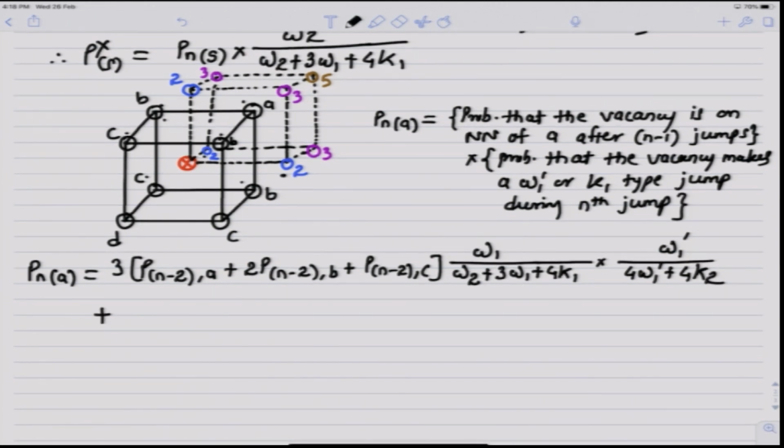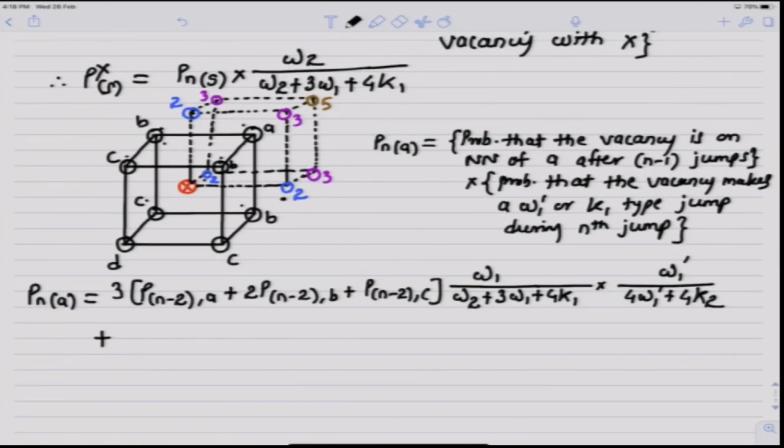Now, the vacancy after n minus 1 jump could have been on the 3rd nearest neighbor, that is on one of these 3 type 3 sites. Now, for the vacancy to exist on this site, let us consider this type 3 site here first. After n minus 1 jump, the vacancy should have been on one of the nearest neighbors of this 3 atom, only 2 of which, that is A and B, lie on the first and second coordination shell of X here.